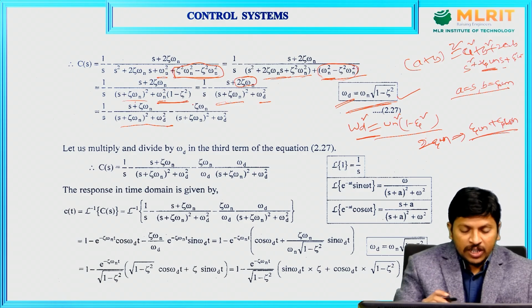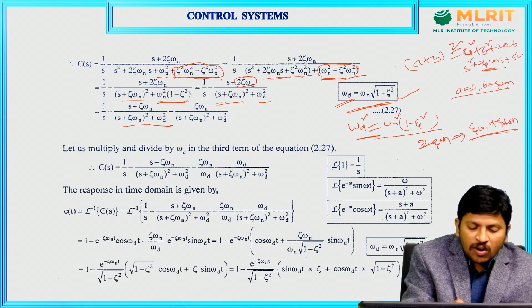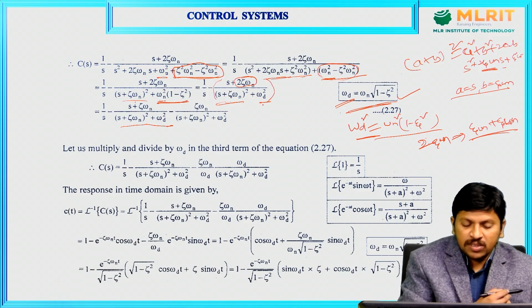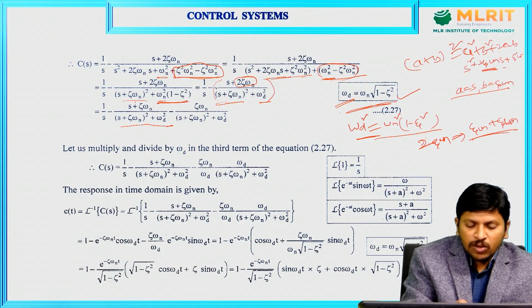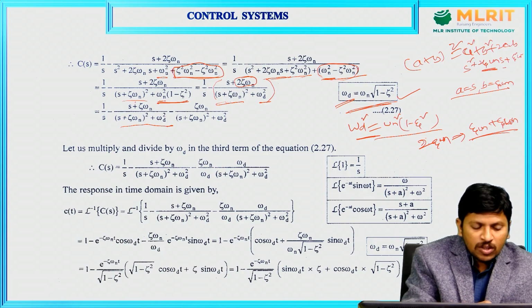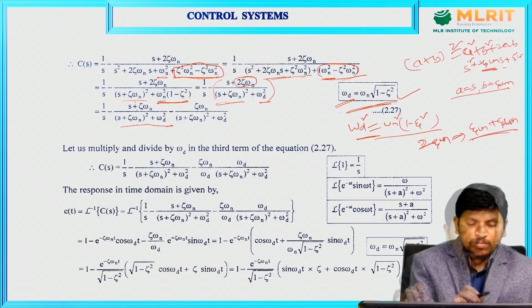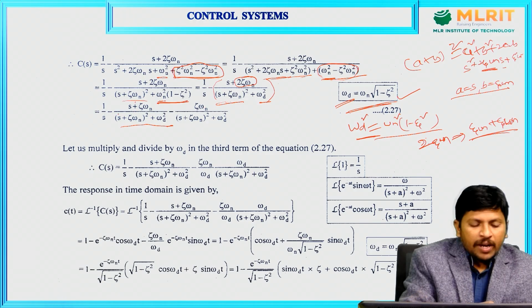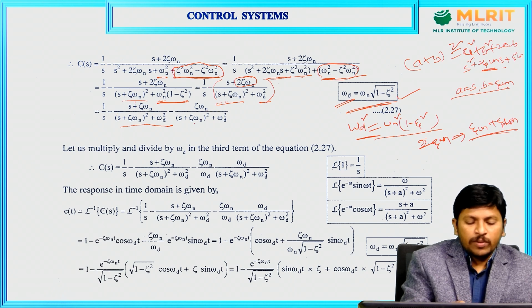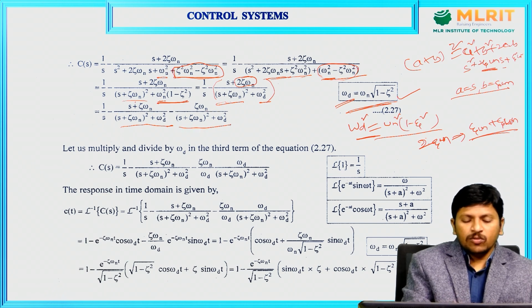One more point: because of the minus sign in front of this term, right, minus of this term means minus of both terms, minus this term and minus this term. Now see, minus this value, 1 by s minus s plus zeta omega n by s plus zeta omega n whole square plus omega d square.